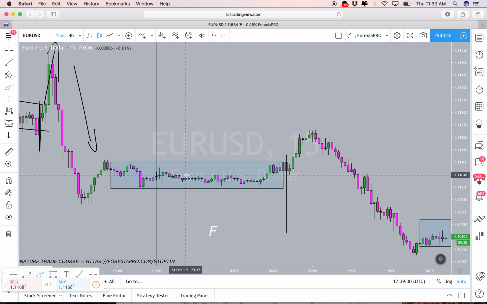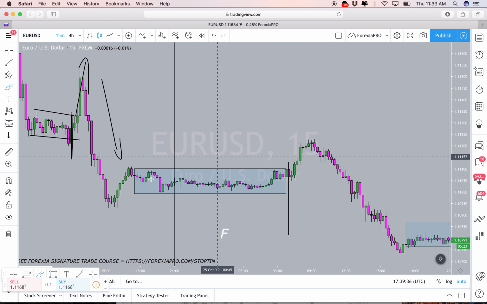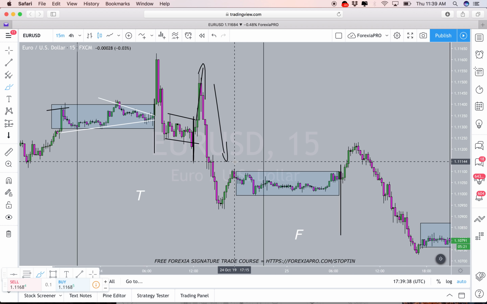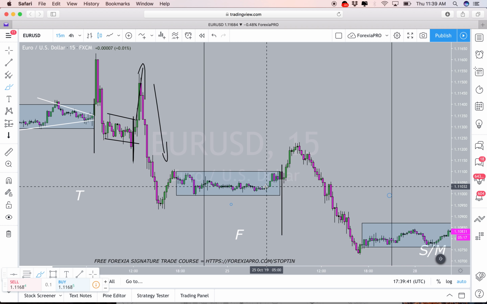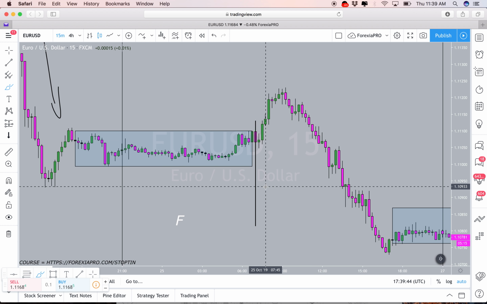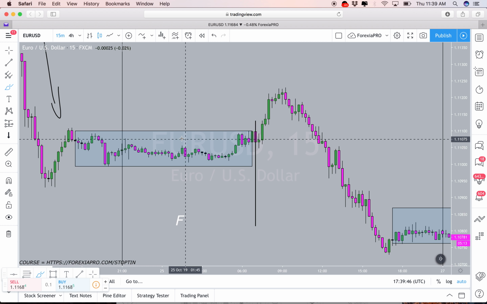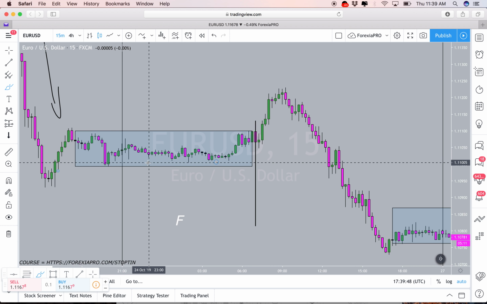And I hated trading because of it. As soon as I understood this, as soon as I took my time to backtest this, it was like an epiphany. Wow, I'm trading the worst session.